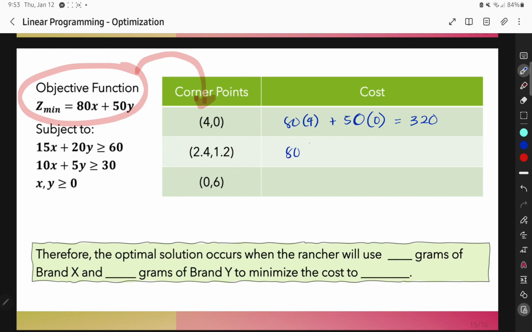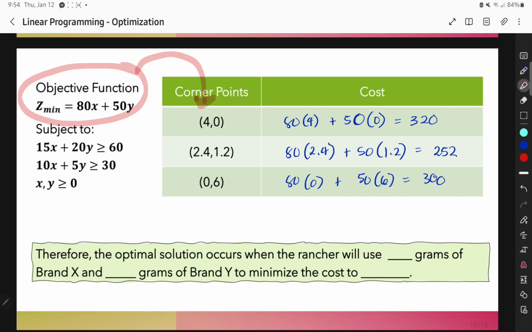If you have 80 times 2.4 plus 50 times 1.2, that would give you a cost of 252. And then when you have 80 times 0 plus 50 times 6, that would give you a cost of 300.